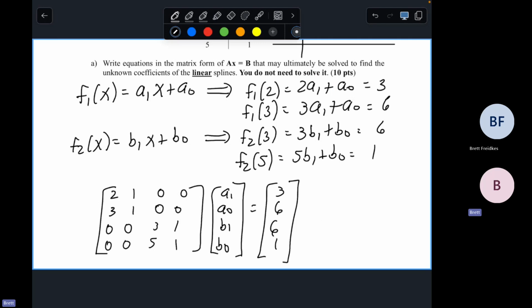Does that make sense? It should be 4 by 4, right? We have 4 unknowns. Is this okay?